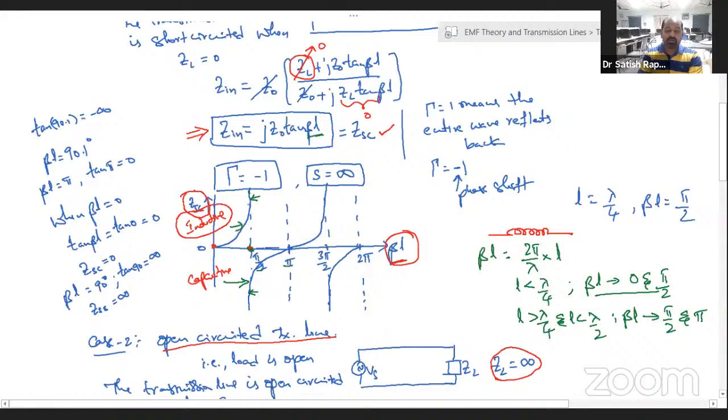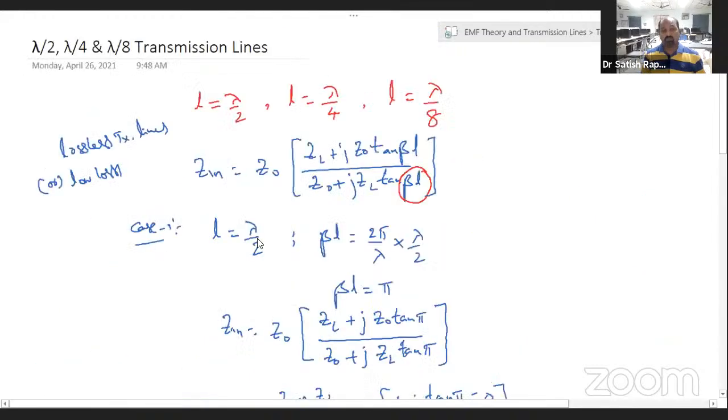At less than 90 degrees it is inductive, greater than 90 degrees capacitive, but exactly at 90 degrees, it exhibits both inductive and capacitive, right?